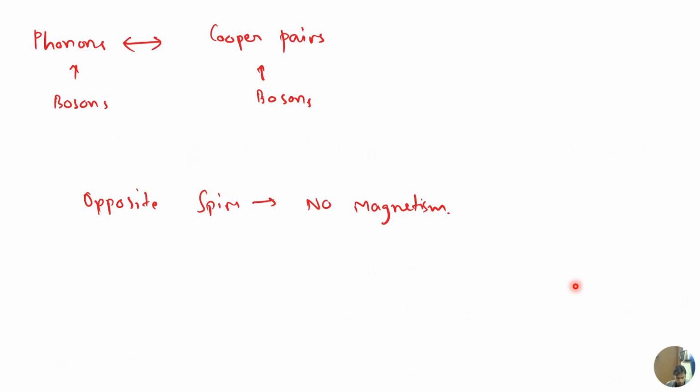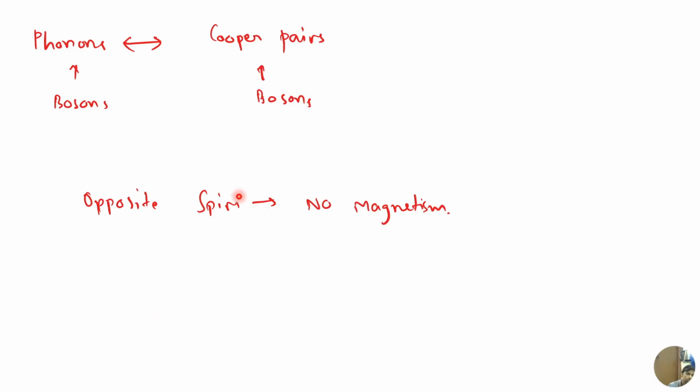Materials with integral spins are called bosons, and phonons are also bosons. Cooper pairs are bosons. Similarly, photons are also bosons.